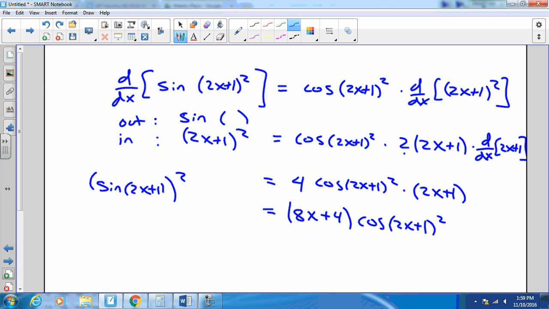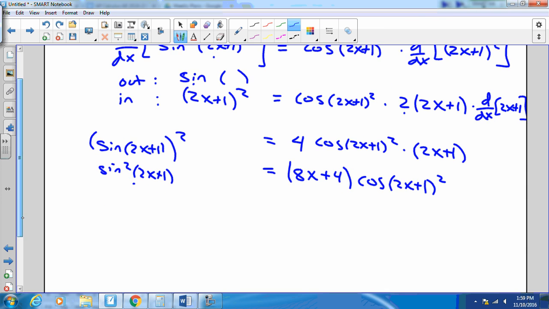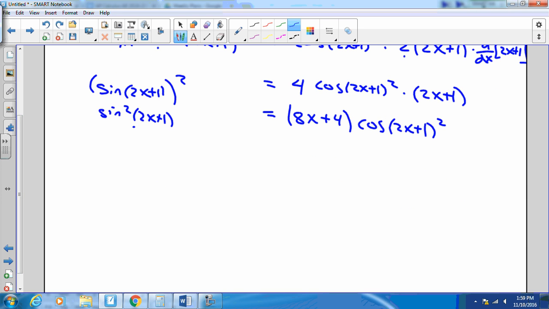This right here should be equal to this. Exactly. So this is not that. Yep. The outside is sine, the inside is... Yeah, you're okay.